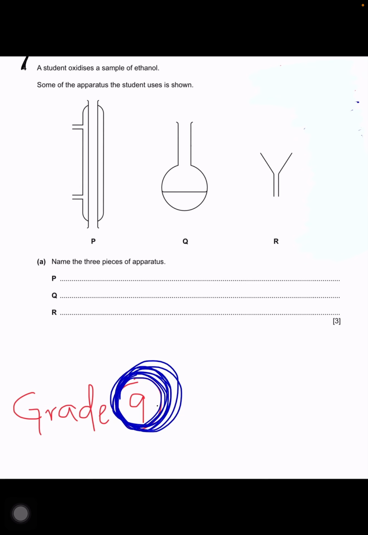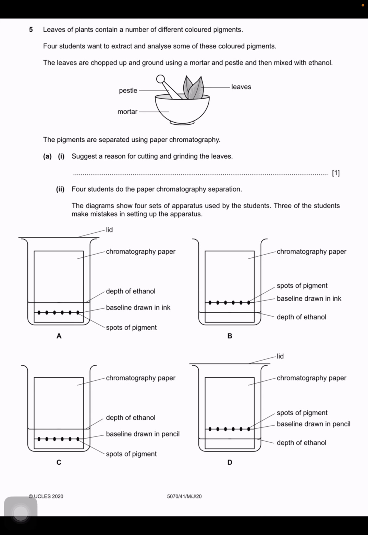The exact name of P is the Liebig condenser. I will show you how a Liebig condenser works and what the purpose of a condenser is. But here I am just telling you that Q is the round bottom flask, R is the filter funnel, whereas P is the Liebig condenser.